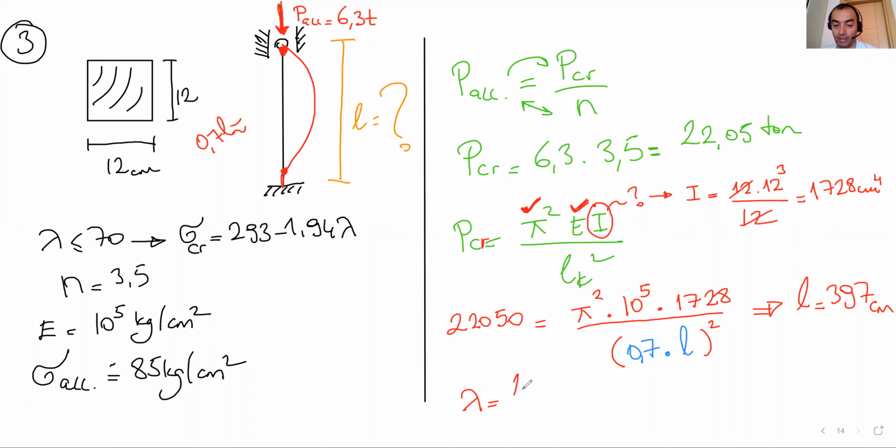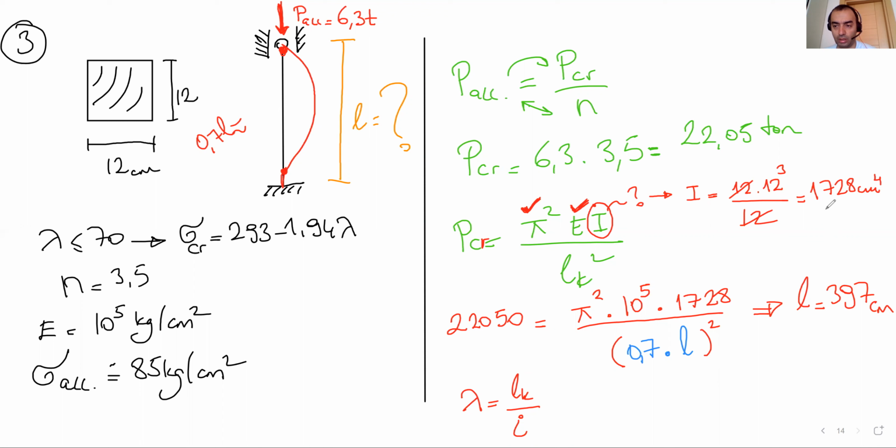Now, let's do it here. Lambda is LK over i. Do we have i here?